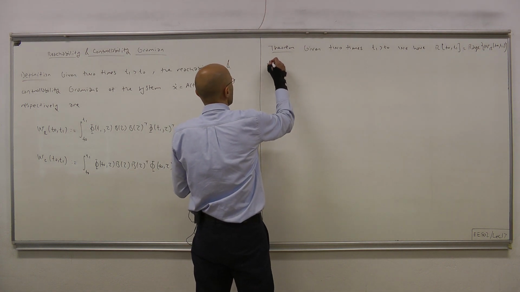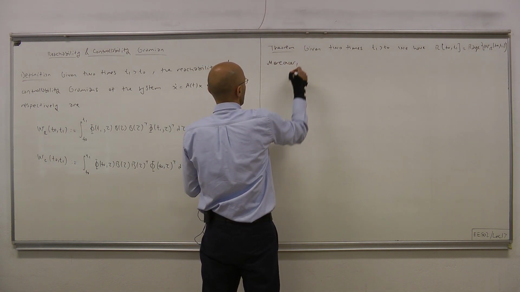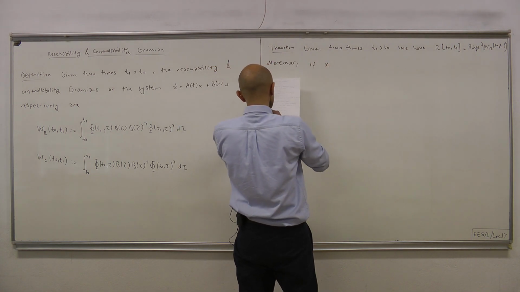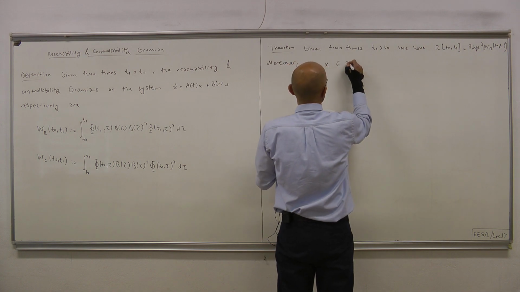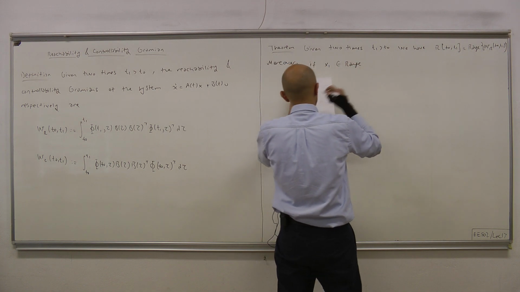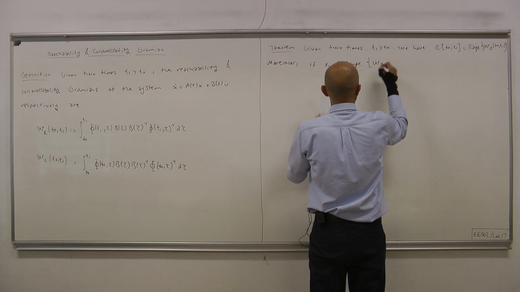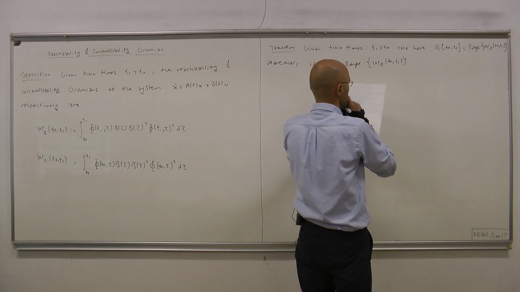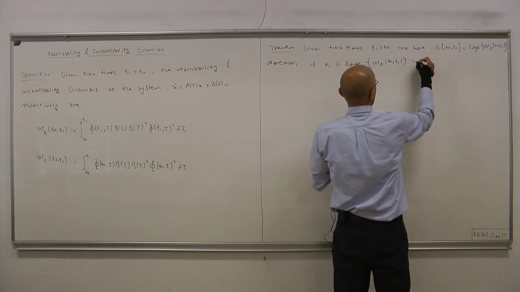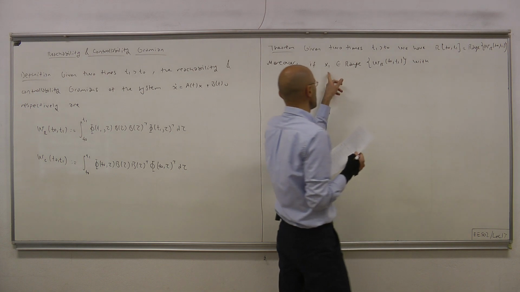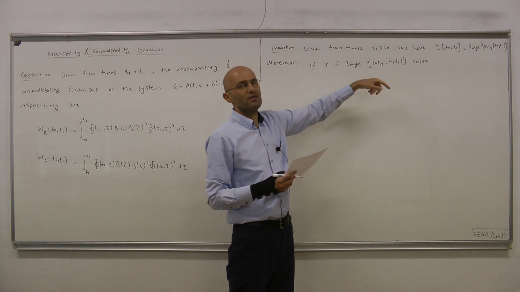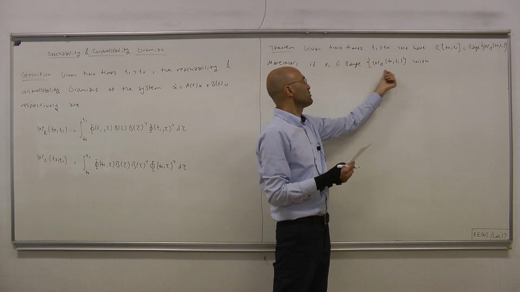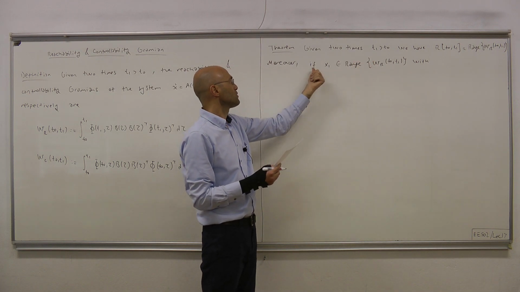Moreover, we continue with the statement of our theorem. If x1 belongs to the range space of the Gramian, that means we can find a vector eta1 such that this matrix times eta1 equals x1.